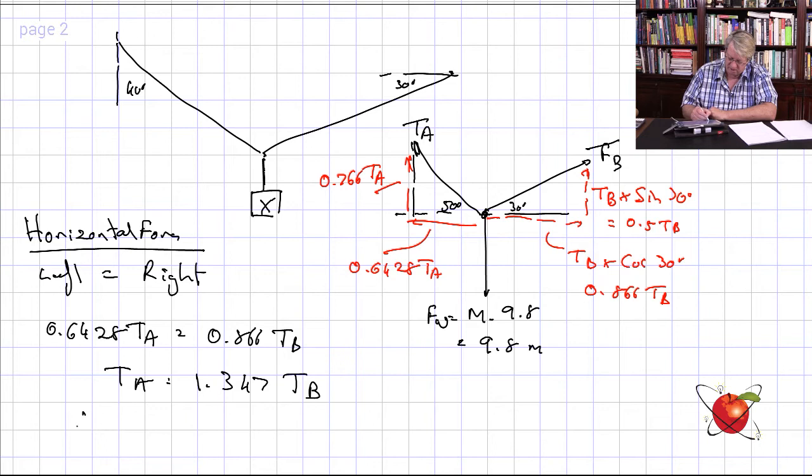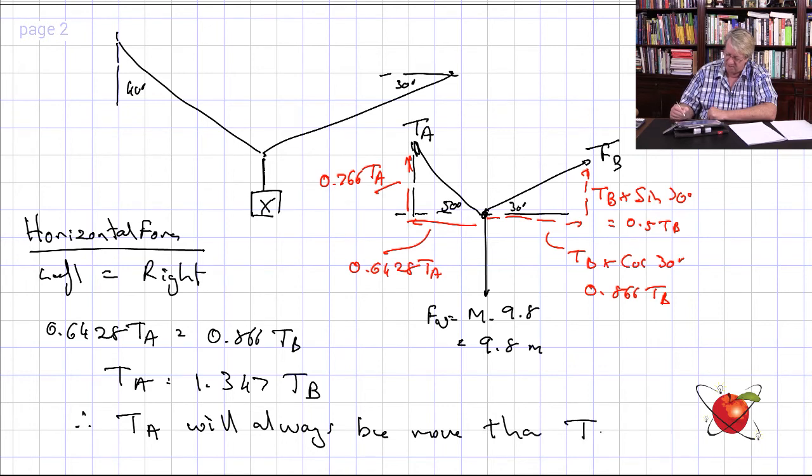If TB was 100, TA is going to be bigger, isn't it? Which means no matter what you do, TA will be the one that breaks first. Therefore, TA will always be more than TB.